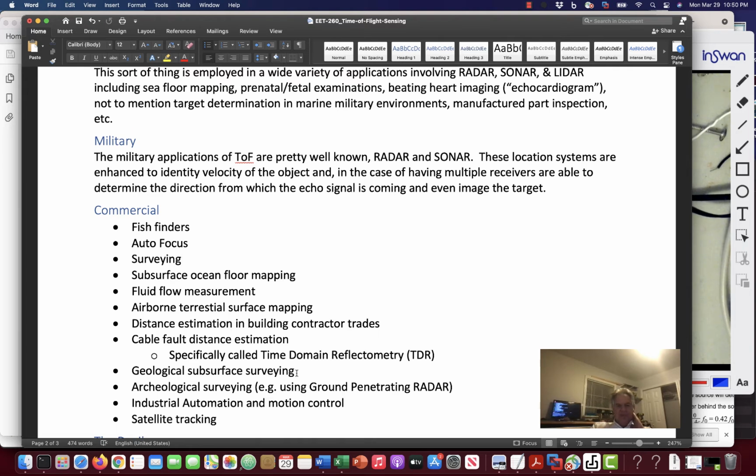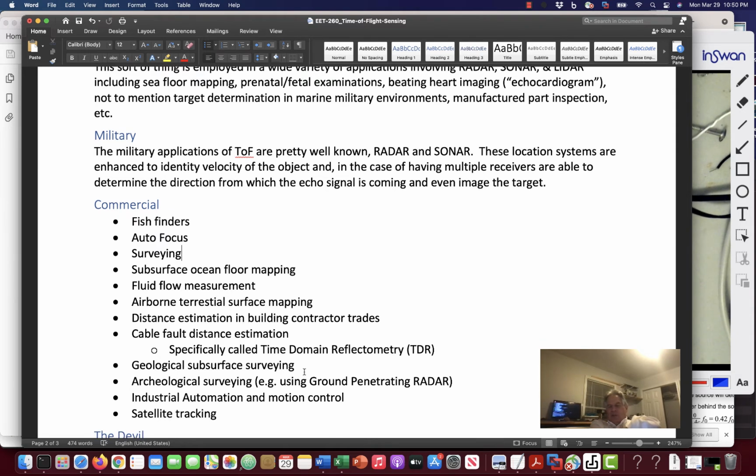Geological subsurface surveying. You may have seen where people actually set off a little charge on the surface of the ground, and they lay out a series of what they call geophones, and the energy from the small explosion on the ground penetrates the ground, hits various layers where the rock properties change or whatever.